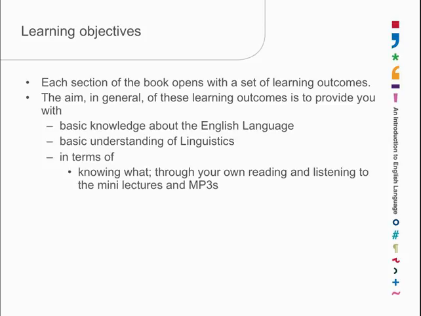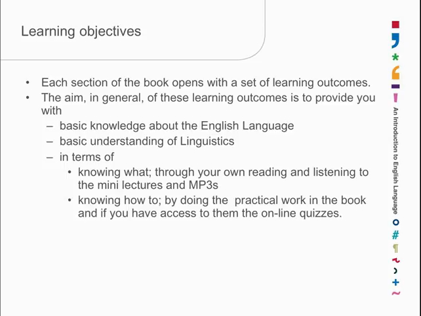So what do you do? You obviously have to know what through your own reading and listening to these presentations if you want to, and listening to the MP3s, and you have to know how to do things by doing the practical work in the book, and if you have access to them, the online quizzes from a learning management system.